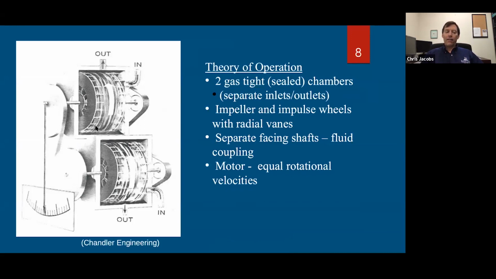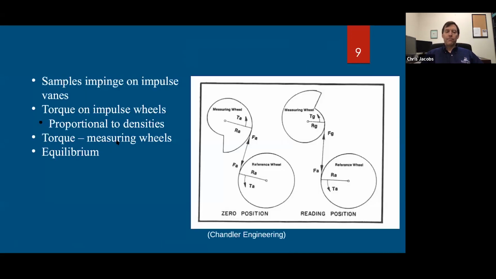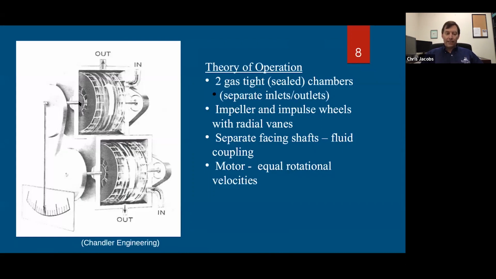I now have air on this wheel and I have air on this wheel. So what happens is now I am pulling the wheel through the shaft. Like I said, this shaft is connected directly to this measuring wheel, directly here.